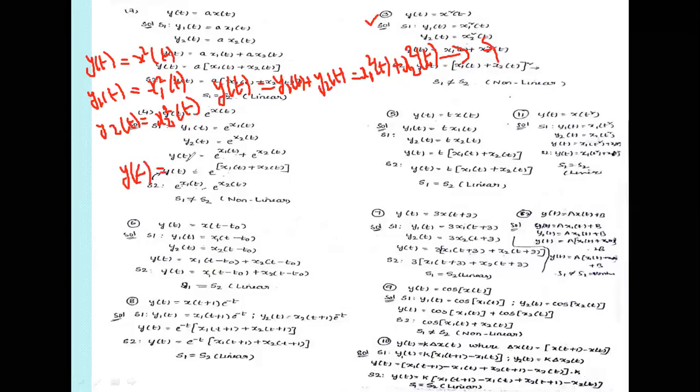The y of t is equal to x1 of t plus x2 of t, and the total signal is squared now. Got it, my dear friends? Here the given signal is x of t, which is the combination of x1 of t and x2 of t before giving to the system. What is the function given? The y of t is equal to the square of the input signal.